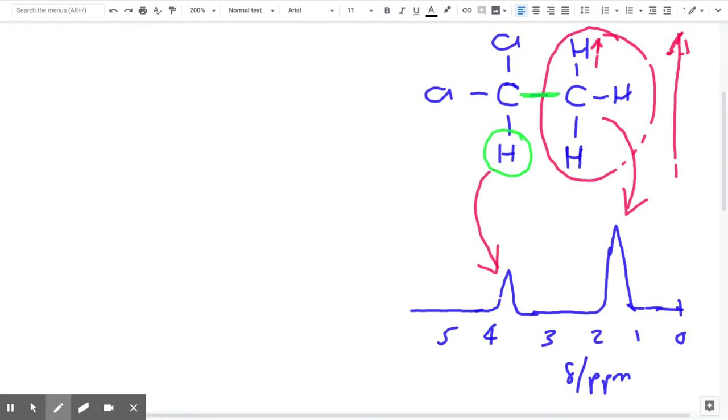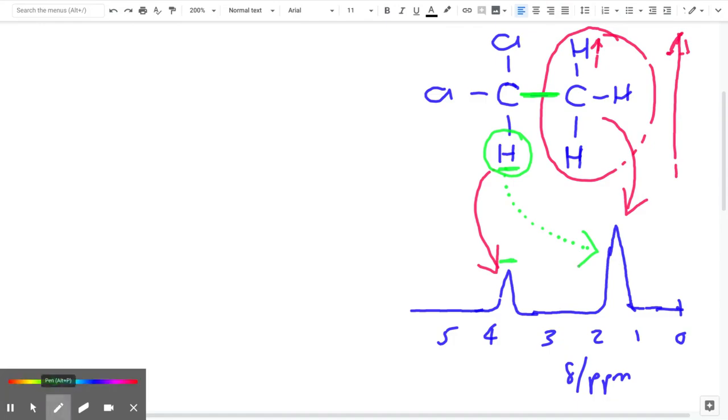We don't look at anything further away than one carbon, but that adjacent proton is also generating its own magnetic field. It's not being looked at directly because that hydrogen there has its peak here. But the magnetic field of this proton is going to have an impact slightly on that peak, and it does so by affecting the shape of the peak.